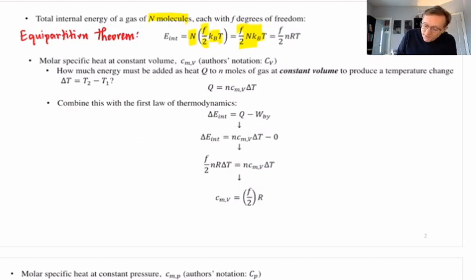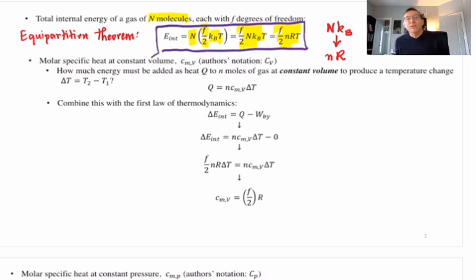Please remember that in terms of counting, if you have that combination, capital N times kB, total number of molecules times Boltzmann's constant, you can replace it with little n, number of moles of the gas, times the gas constant per mole, R. So a perfectly equivalent way to write the total internal energy is F over 2 little n RT, either way. Okay, this is a very important and useful relationship for the total internal energy of an ideal gas.